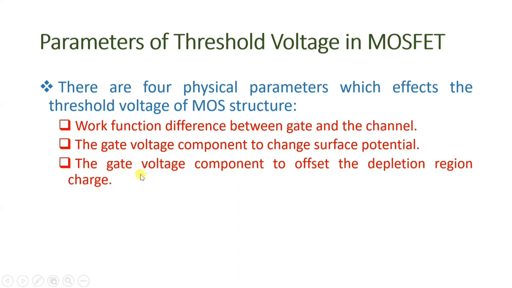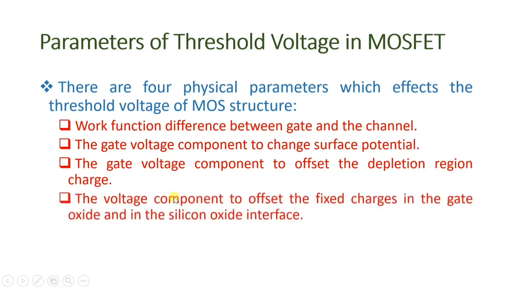So that is the component which I have listed here: the gate voltage component which offsets the depletion region, and that is because of ions which are generated in the p-type substrate.